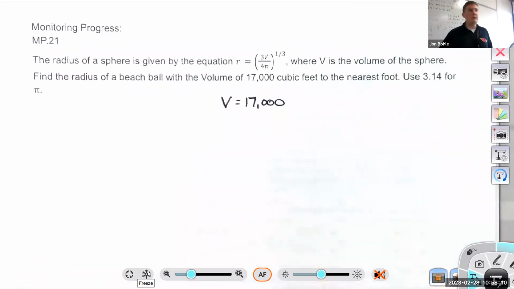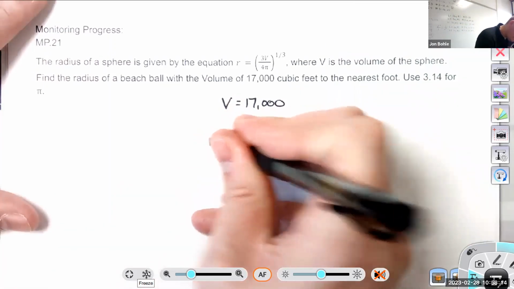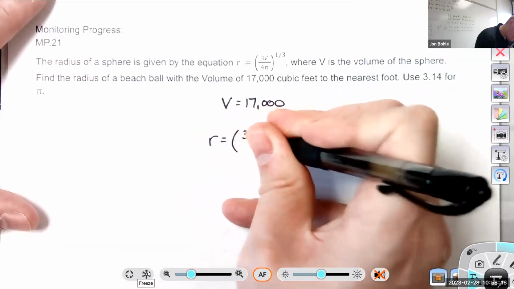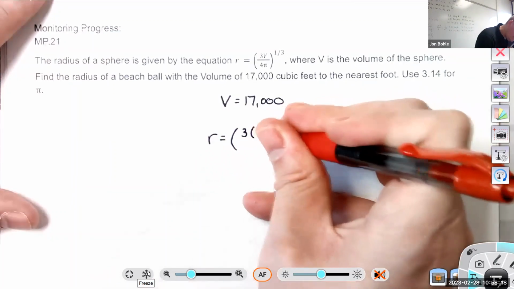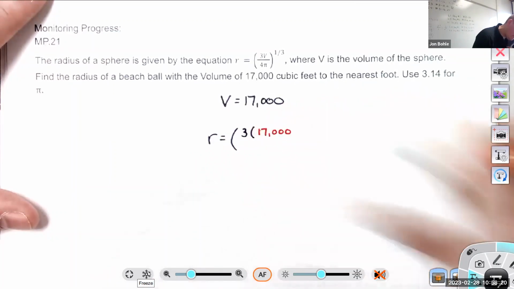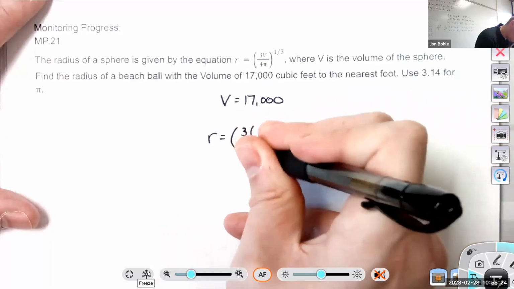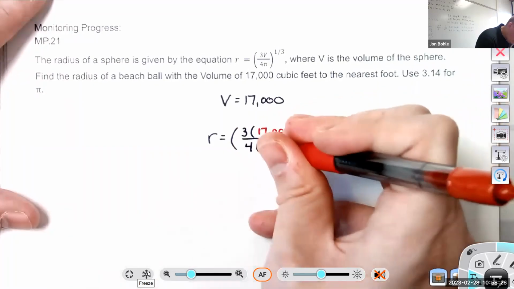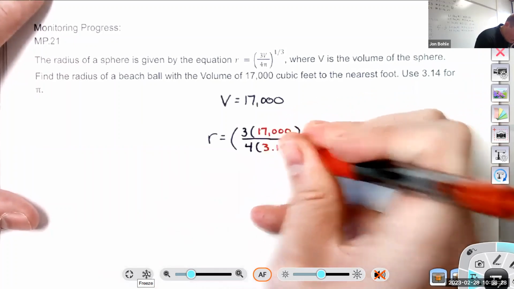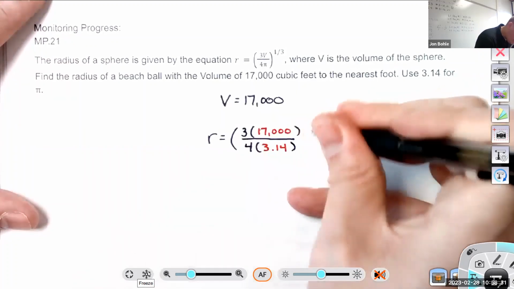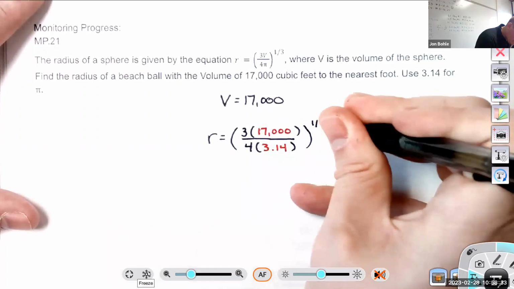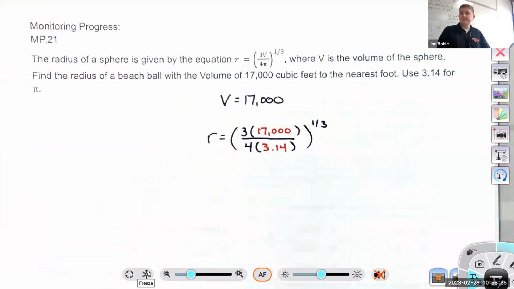So I have this formula above that only has two variables, R and V. So I can replace V with what number? 17,000. Now, what I'm also going to do is replace pi with 3.14 while I have the opportunity.